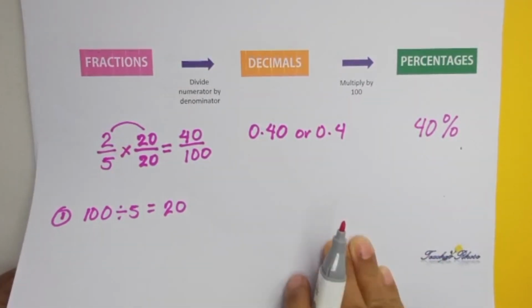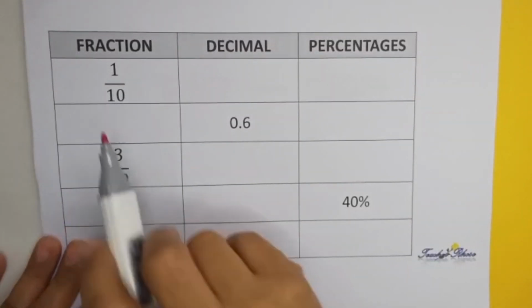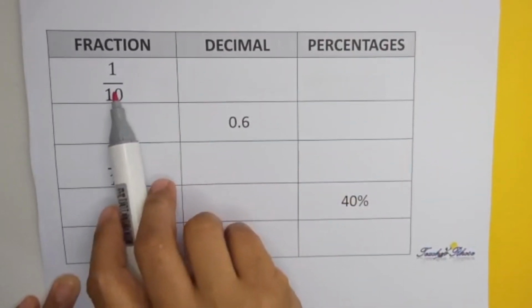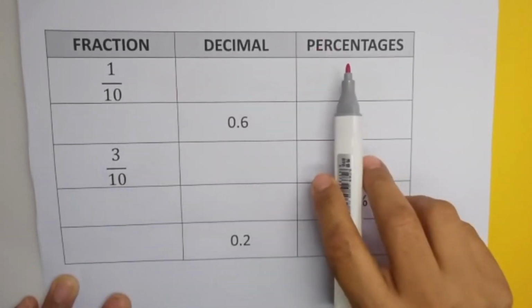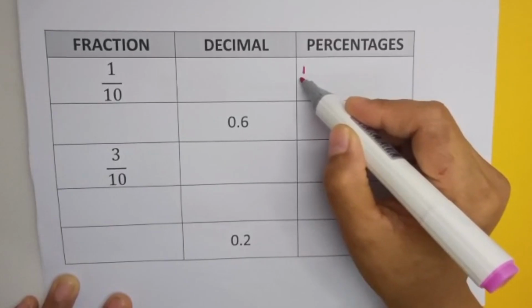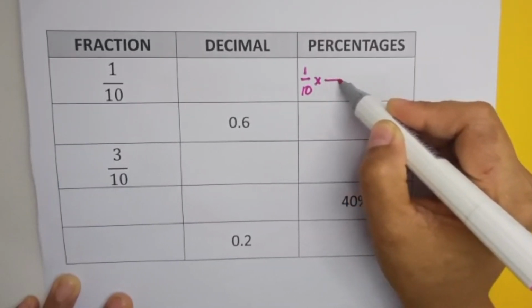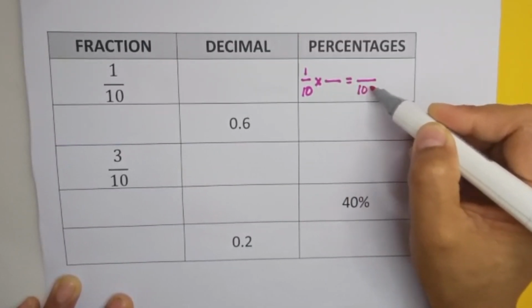Now let's say, for example, I have fractions and decimals to percentages. 1 over 10. Let's convert it first into a percentage to make it easier. As I mentioned earlier, for 1 over 10, I will just think of a number that will give me a denominator of 100.